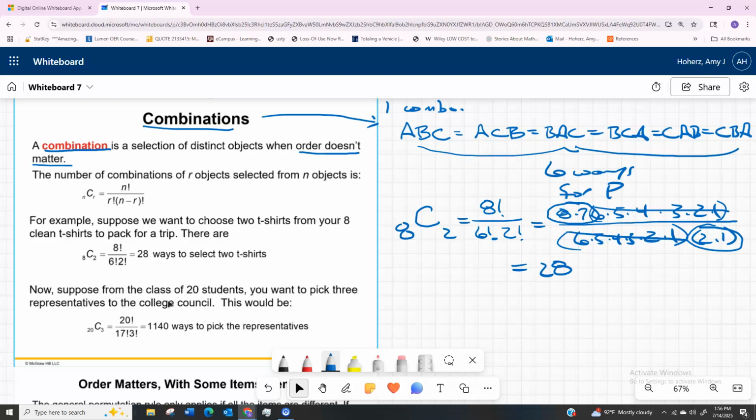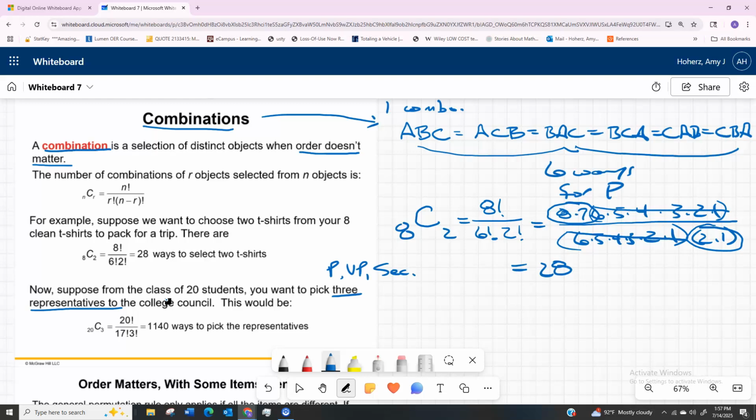All right, so let's say we had 20 students and you want to pick 3 representatives to go to the college council. Now that sounds very similar to what we had before, but remember when we were talking about it before, instead of just 3 representatives, we actually had positions: president, vice president, and secretary. So the order mattered because being chosen to be the vice president is different than being chosen to be the president, is different than being chosen to be the secretary.